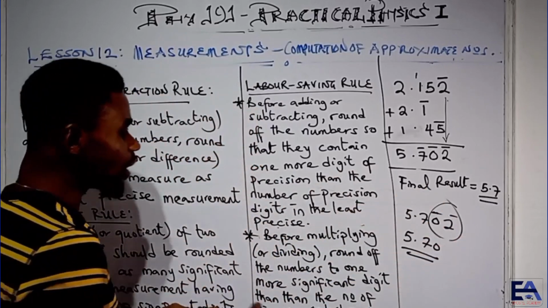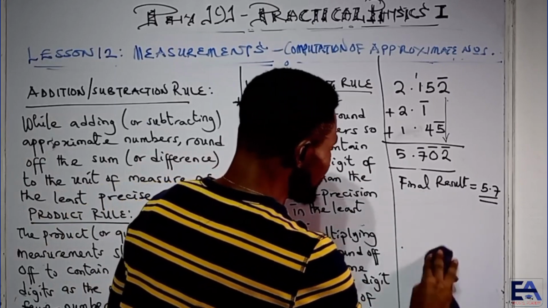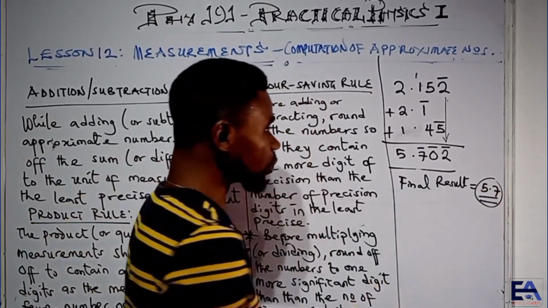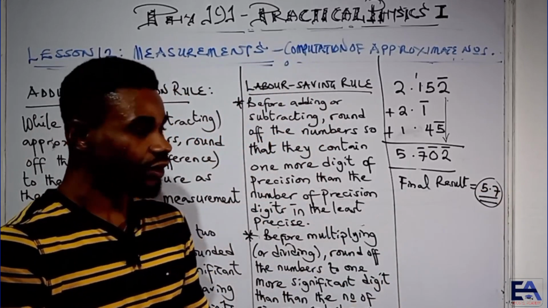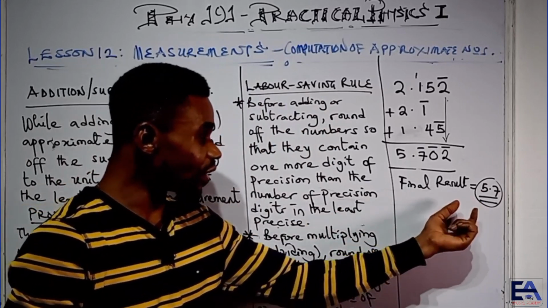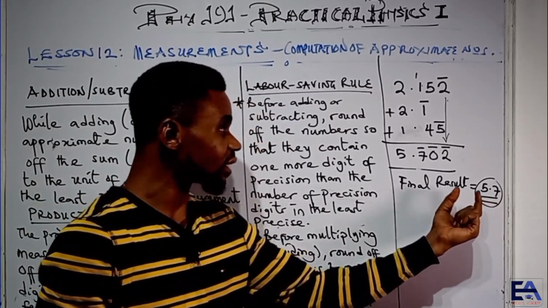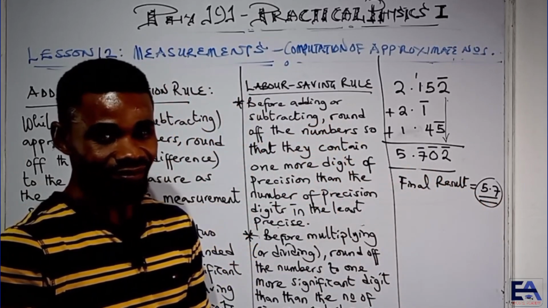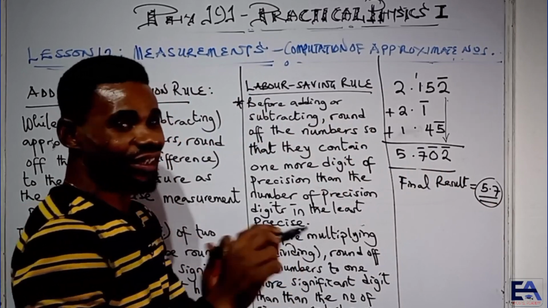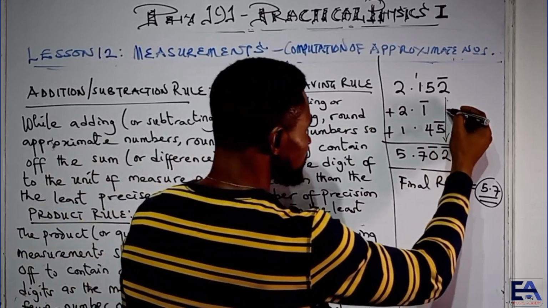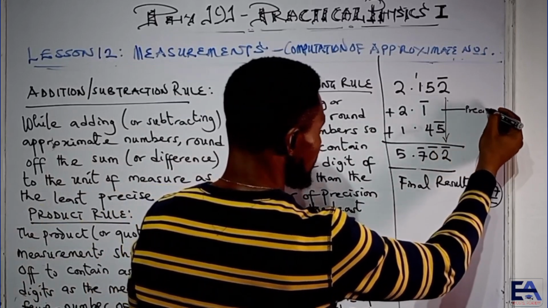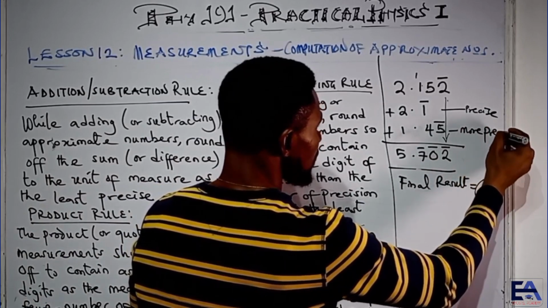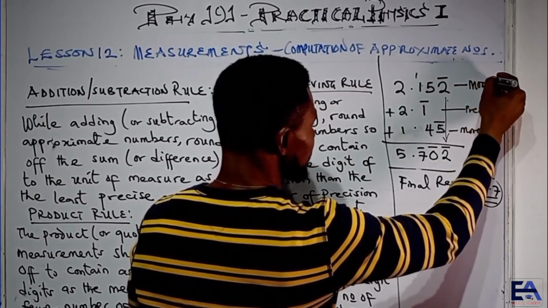And then, having said and done that, if you take notes, you will see that our final result happens to have the number of significant digits of the least precise measurement. All right, okay, let me show you something. This measurement is precise, this one is more precise, and this is the most precise.